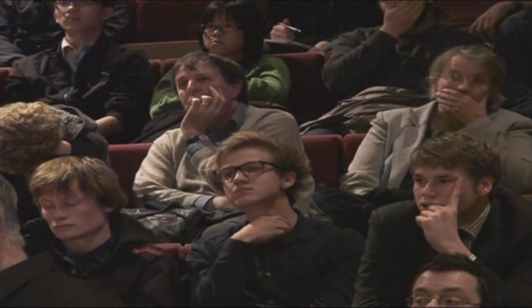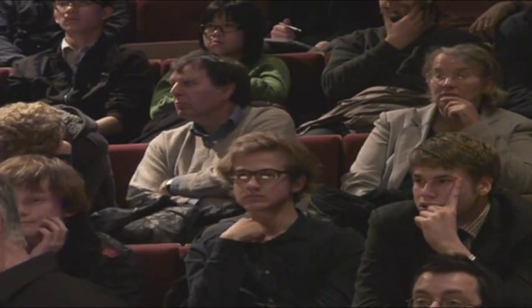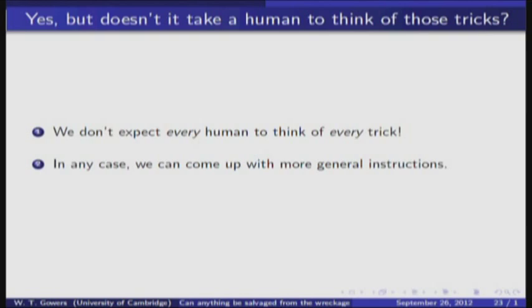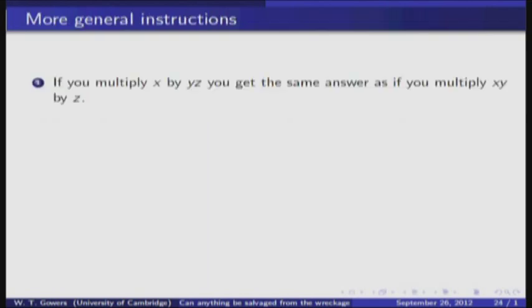If a program doesn't manage to think of every single trick going, that's not necessarily a big black mark for the program, because we get taught tricks quite a lot, so maybe one could just teach the program tricks. But actually, they're not as ad hoc as they look, some of those tricks. We can reduce them to more general things.